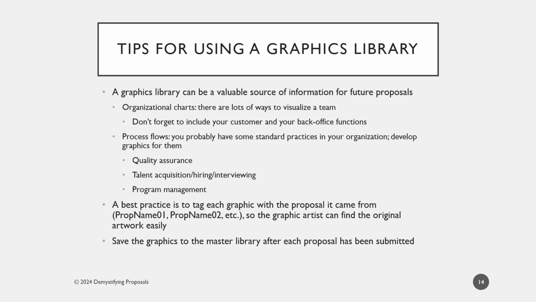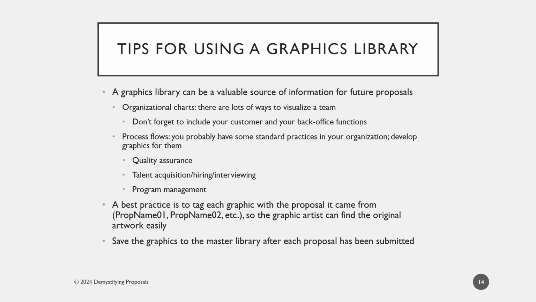By the same token, you probably have some standard processes in your company, ways that you do things like managing a project. For example, if you're following PMBOK or CMMI, there are standards that you use. Quality assurance is one of the areas that there's often a standard process flow for. So think about developing that kind of graphic and keeping it in your graphics library for proposal reuse.